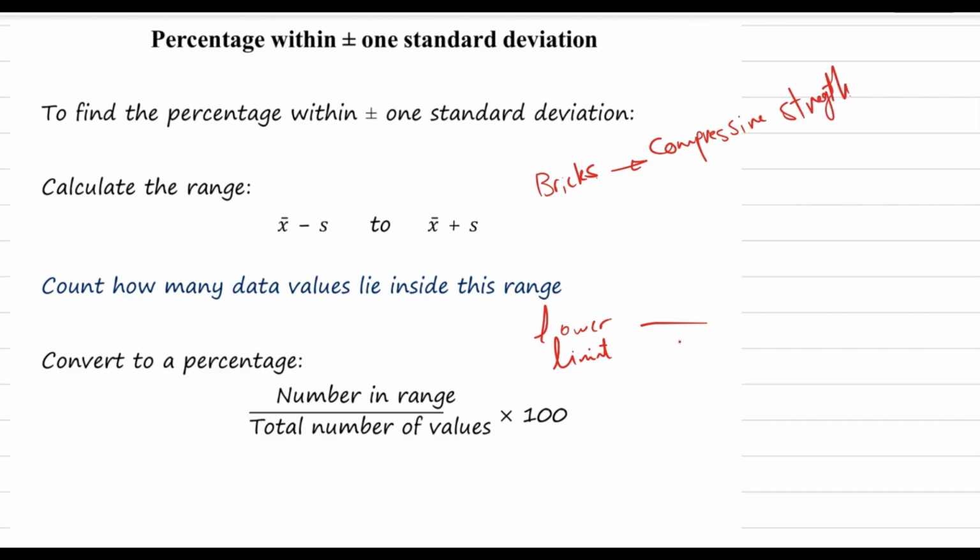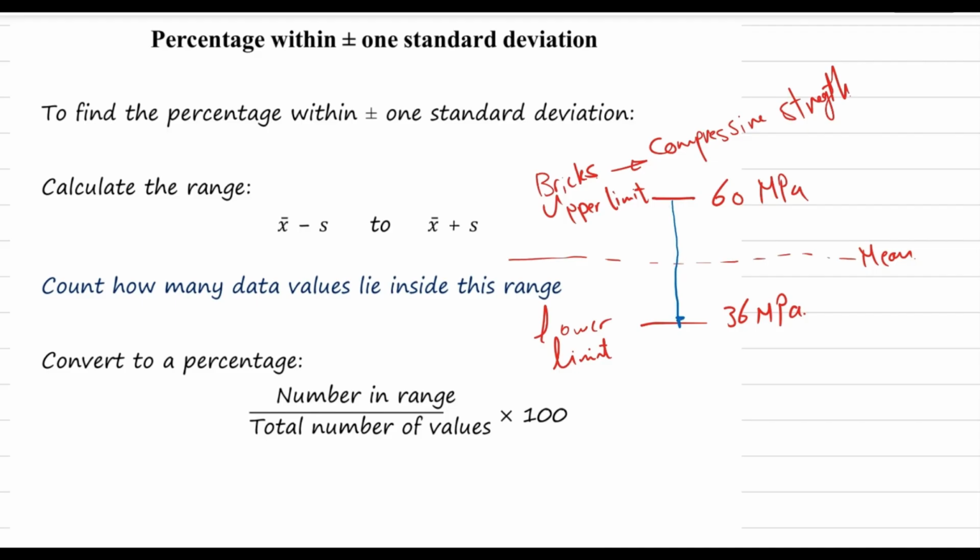I say the lower limit for bricks should be 36 megapascal, and the upper limit should be, for example, 60 megapascal. So this is the upper limit. This is usually around the mean here. So we need to calculate how many bricks, for example, lie between these values. Any values above 60 or less than 36 will not be counted.